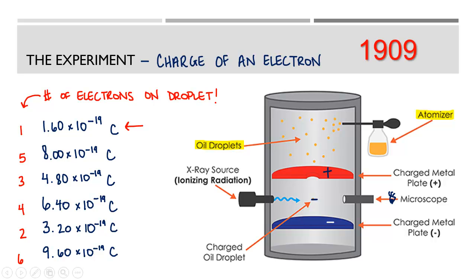If we have one electron on that oil droplet, it will give that oil droplet a charge of 1.60 times 10 to the negative 19th coulombs. That is the charge of an electron, and that's how Millikan and his lab group determined the charge of that electron.